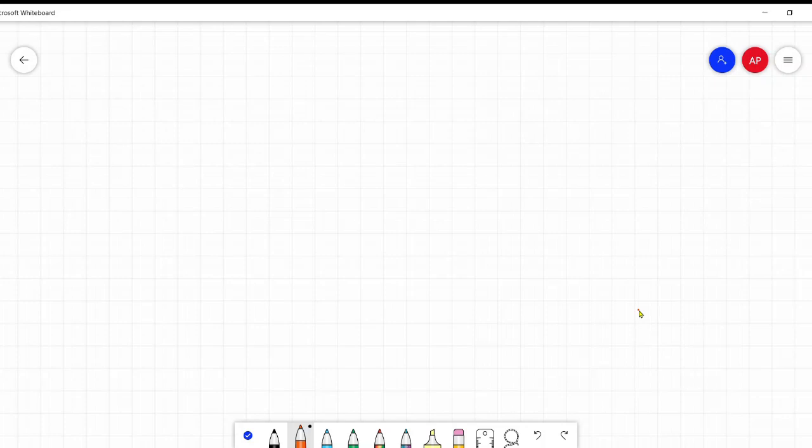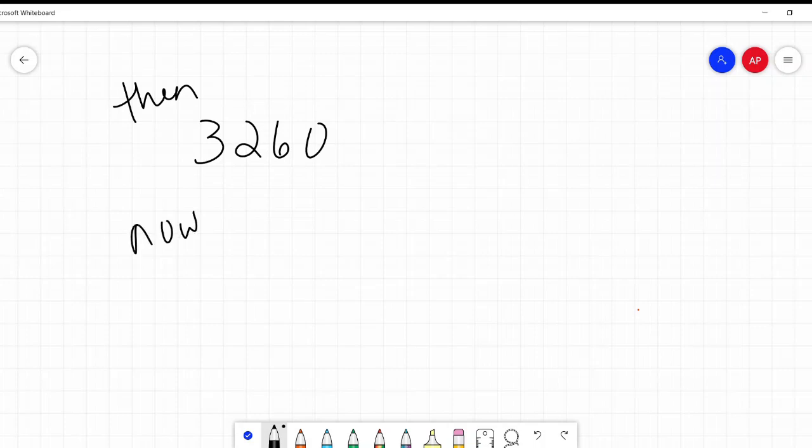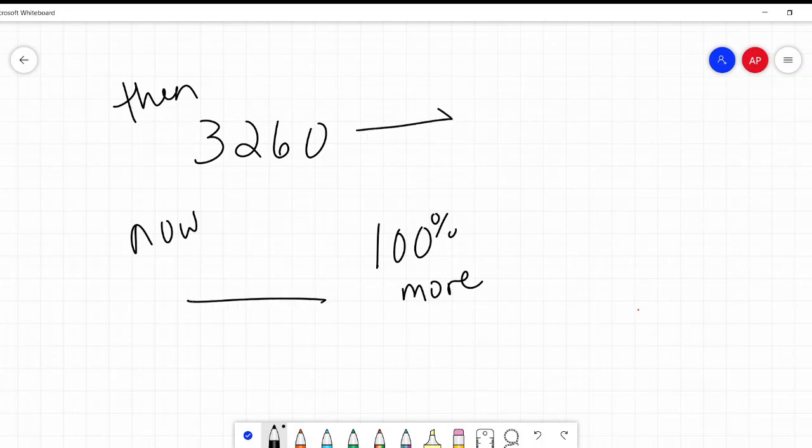So here's one. This theater then sold 3,260 tickets to Shakespearean plays. Now they've sold 100% more. How many tickets did they sell this year? 3,260, our original, is 100%.